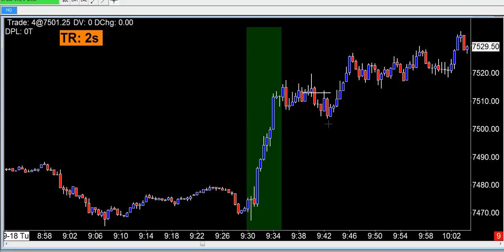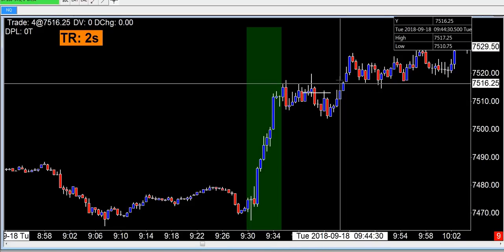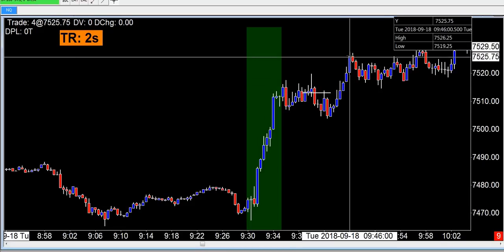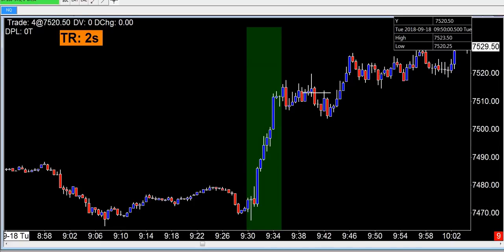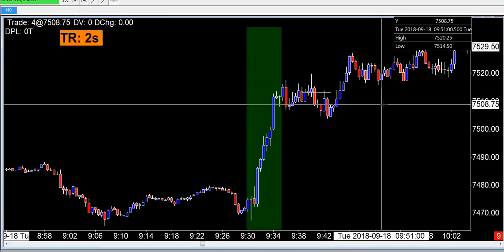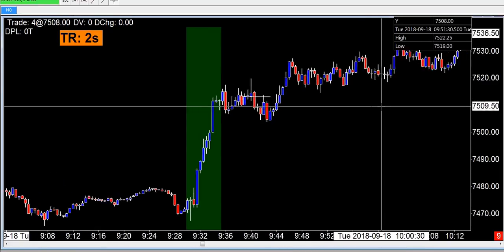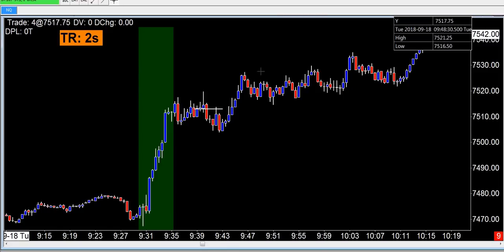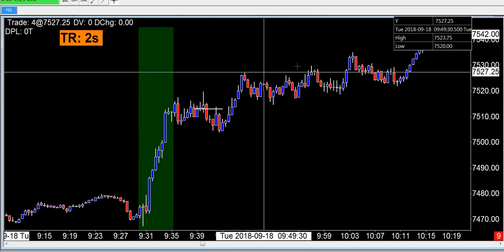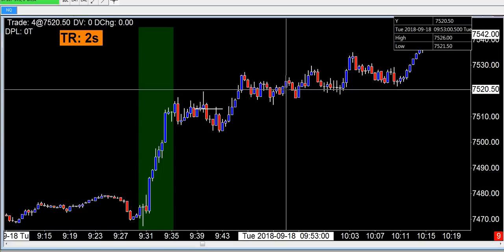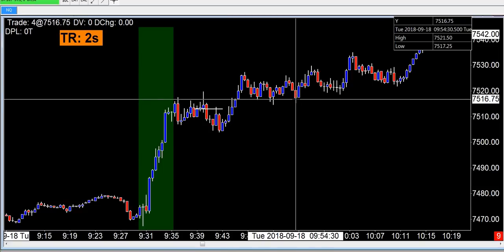And then I got this 2B, and not only that, I got this 2B now in a break. So what do we got going on here? We got really sideways action going on here until we take out this high over here. And how big is this bar?